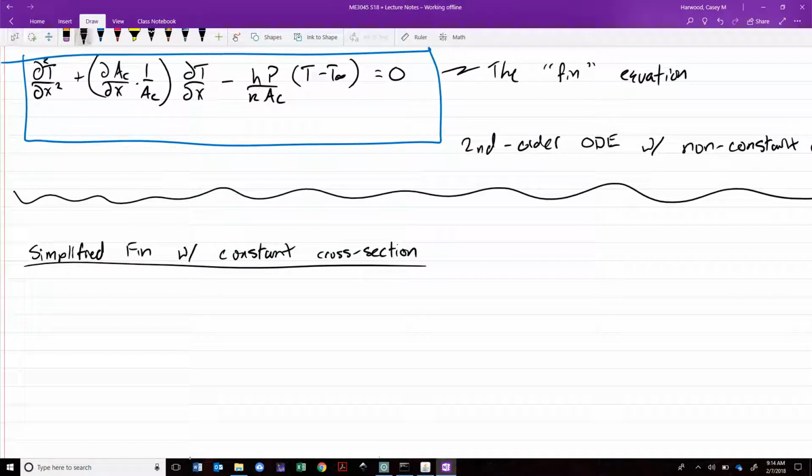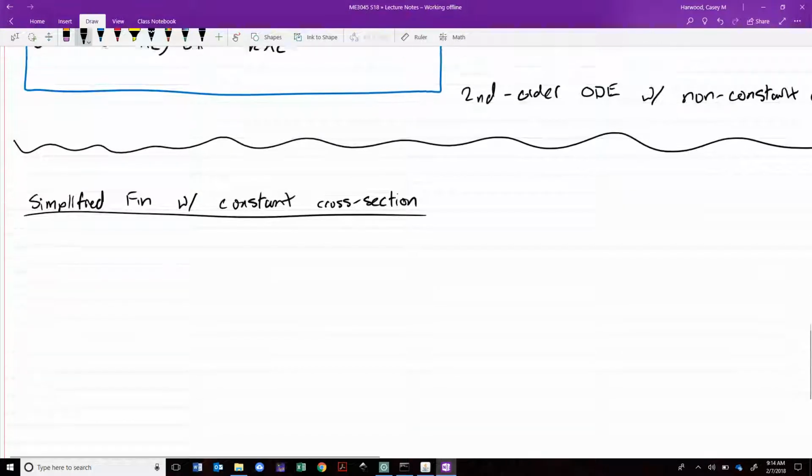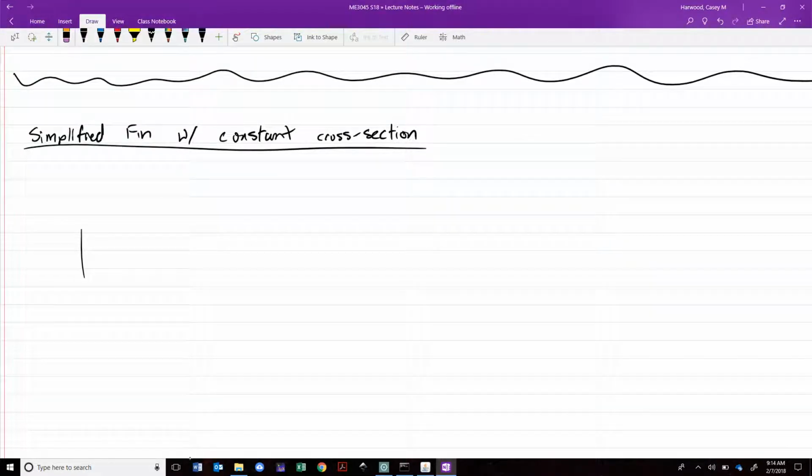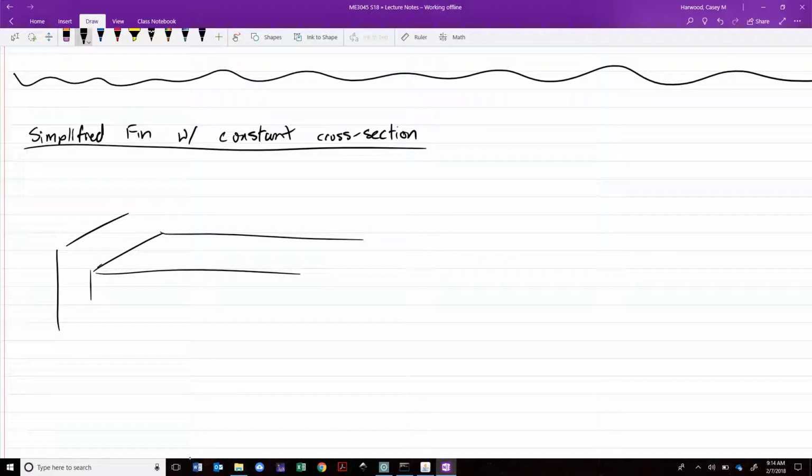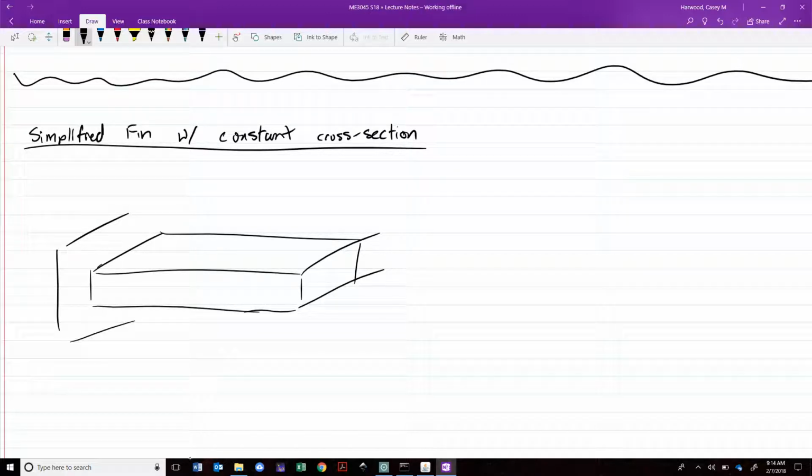And the beauty of this is, what we're talking about now could be a cylindrical fin, or we'll talk about a rectangular fin.